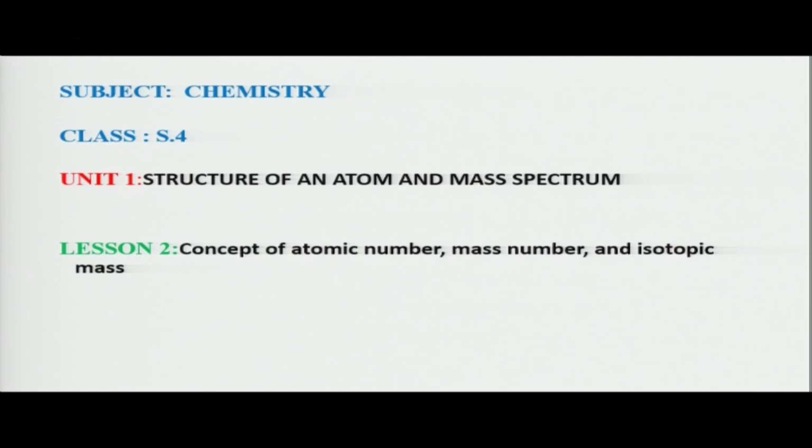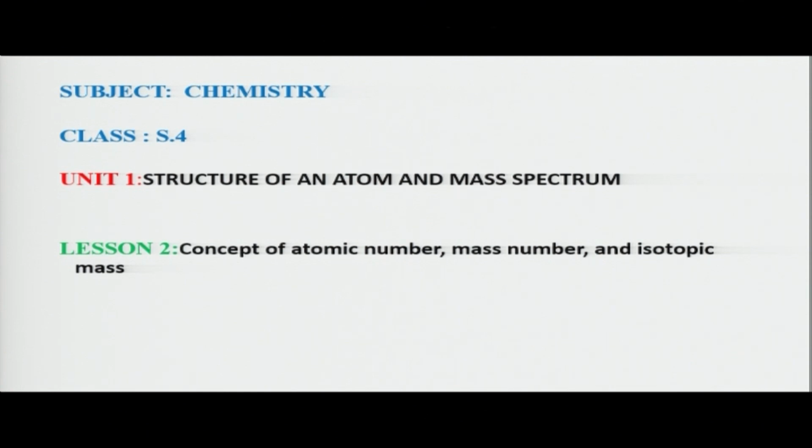What about isotopes? Who can define for us isotopes? Isotopes are atoms of the same element having the same atomic number but different mass number. Thank you very much for that.